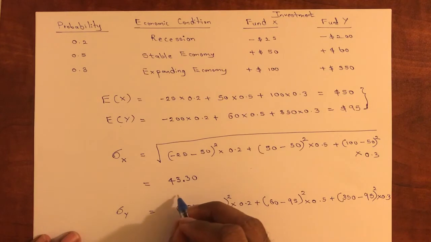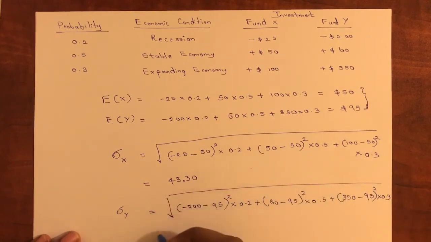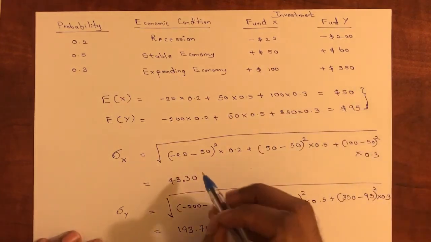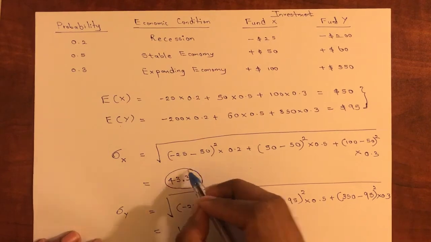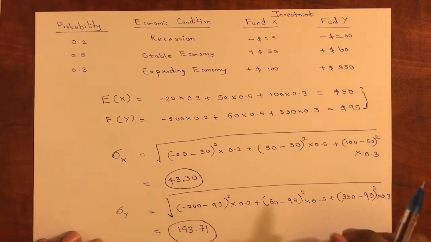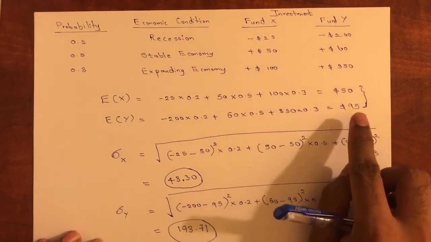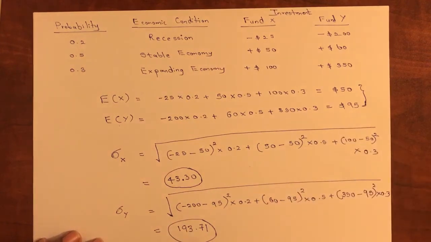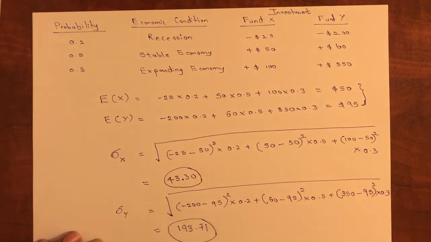Since we are calculating the standard deviation, we consider the square root, from which we get the answer as 193.71. So if you look at these two figures, you notice that the standard deviation pertaining to Fund X is less than the standard deviation pertaining to Fund Y, which tells us that although on average Fund Y provides a higher return, there's a higher risk because it's 193.71 pertaining to Fund Y.